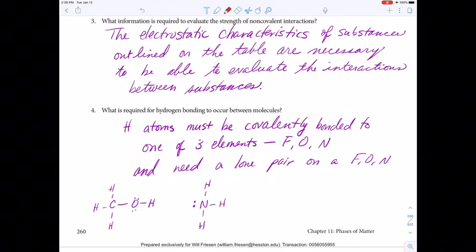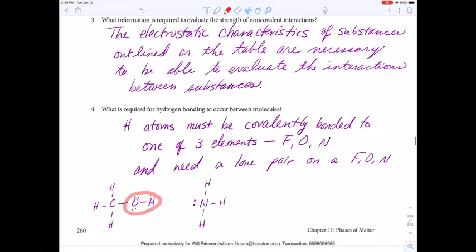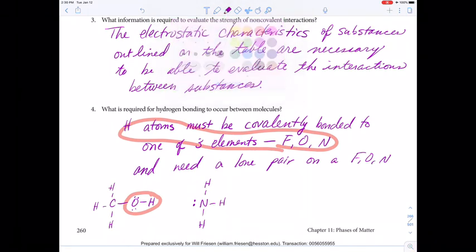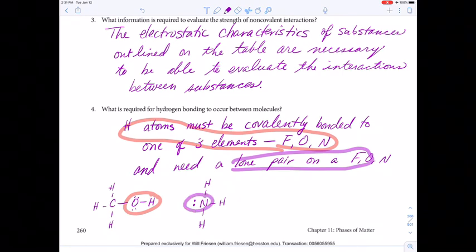So both of these would count, but we're going to say right here, this is our hydrogen atom on the fluorine, the F or the N, okay? Over here, we have a lone pair on a nitrogen.